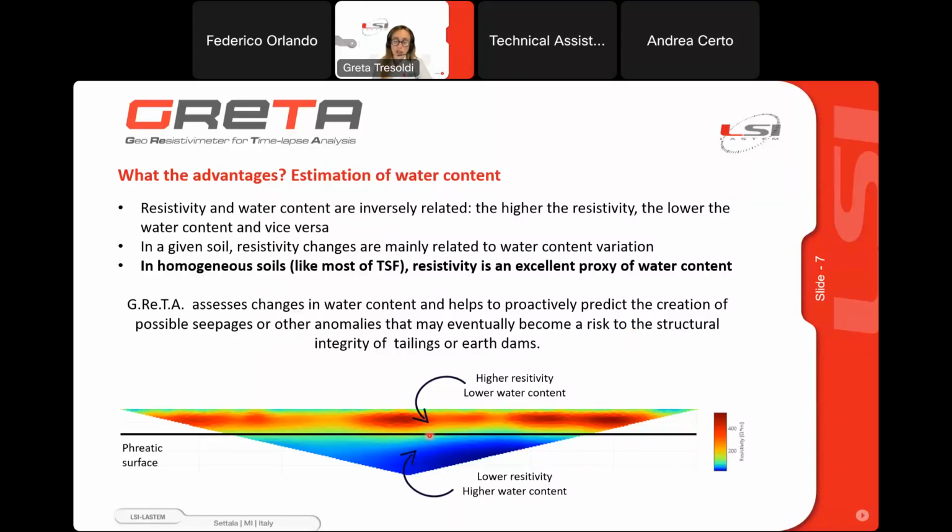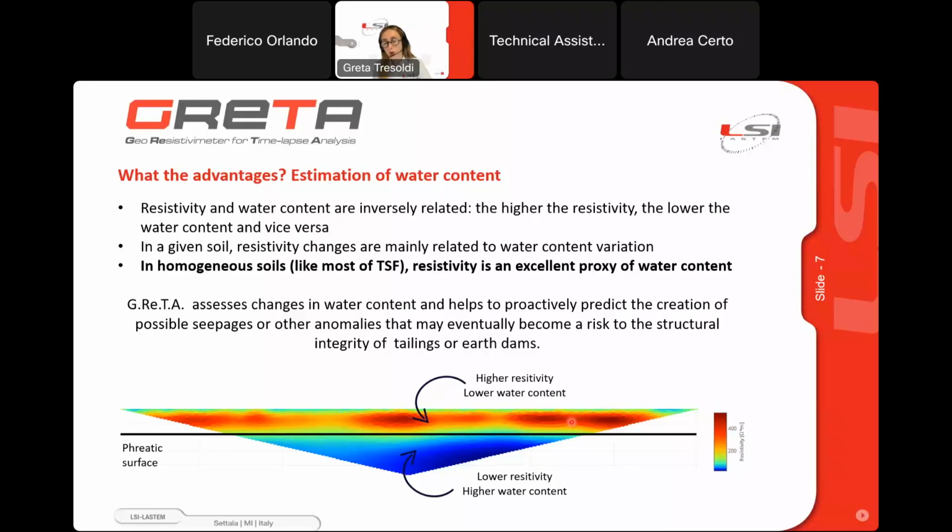Here we have this scheme that can explain a little bit better this relation. So this is a tomographic section of a site that we have in South Africa. Here we can easily identify this shallow layer with this red color. So if we look at the scale of the resistivity, it means that we have high resistivity.